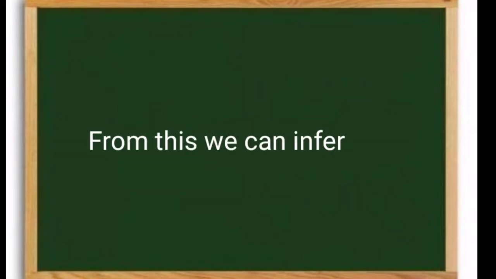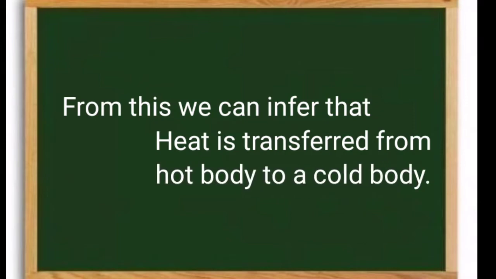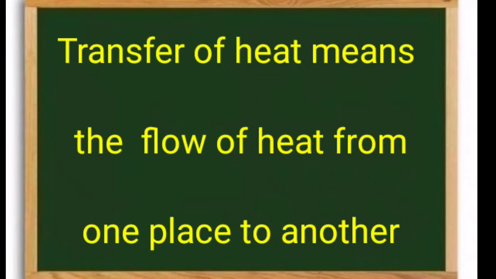From this, we can infer that heat is transferred from a hot body to a cold body. Now, see the meaning of transfer of heat. Transfer of heat means the flow of heat from one place to another place.